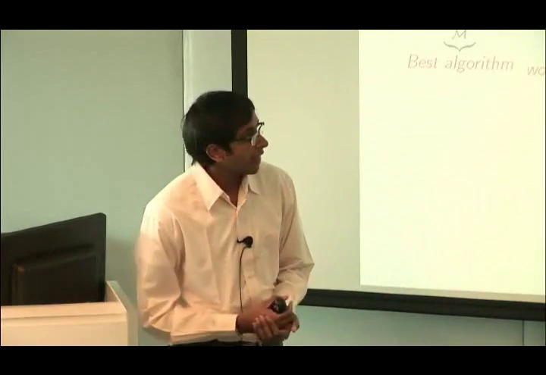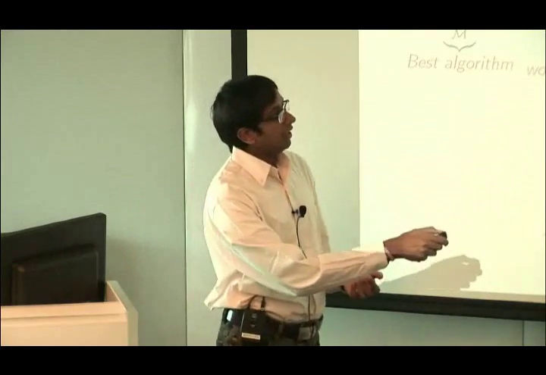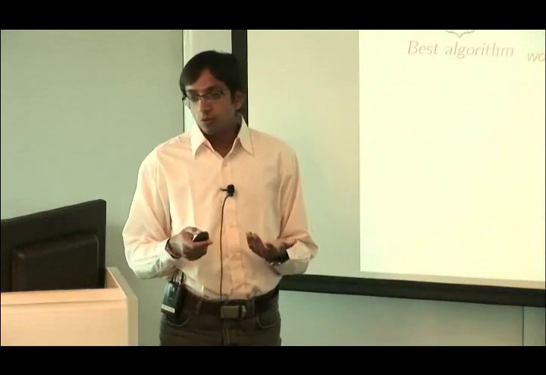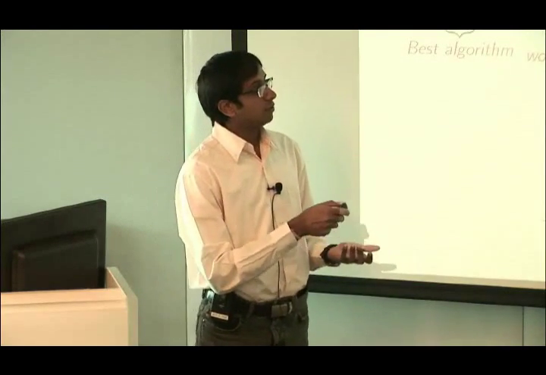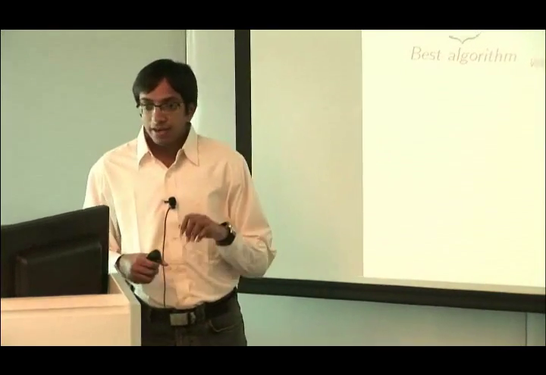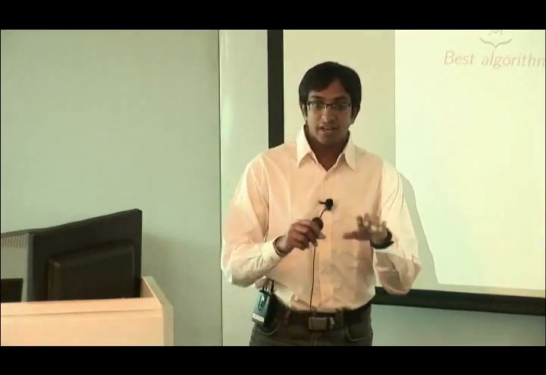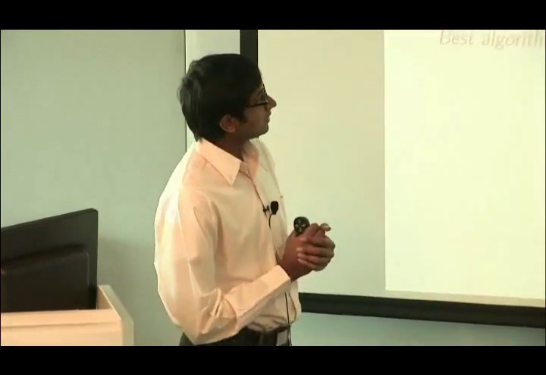For a fixed method m and for a fixed function f, you can ask what's the minimum number of queries needed to minimize f to precision epsilon. Now that would be kind of unsatisfactory because that's specific to a particular method, and what we wanted at the outset was an algorithm independent understanding of computational complexity.